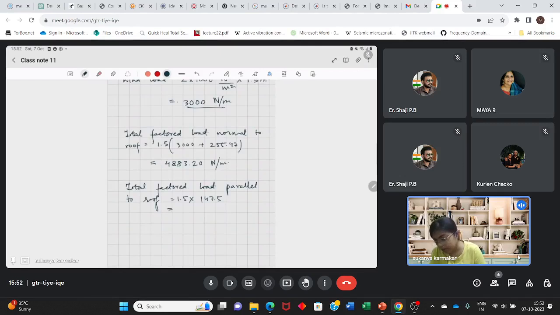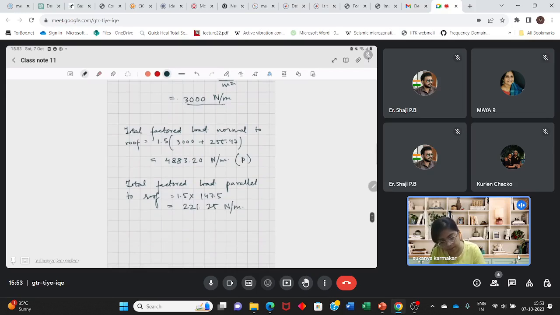It comes out to be 221.25 Newton per meter. Okay, let's call this P and let's call this H.